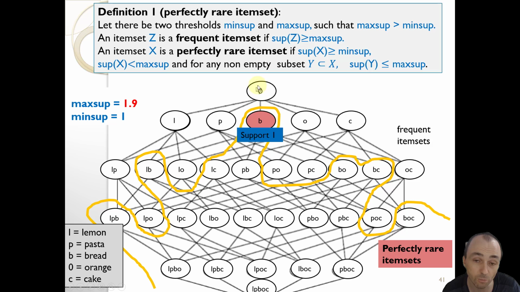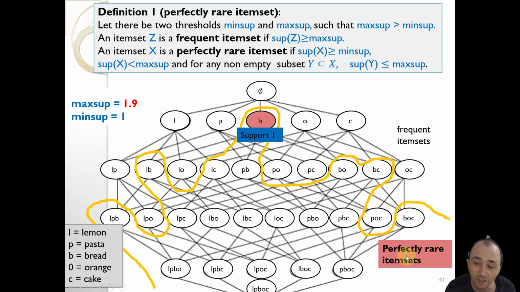In this algorithm, we don't count the empty set, so we say non-empty subsets, actually. Bread has no non-empty subset, so it can be a perfectly rare item set. Others, let's say pasta and bread, also appear once, but it's not a perfectly rare item set because some subsets, like pasta, are frequent. So this one cannot be a perfectly rare item set.